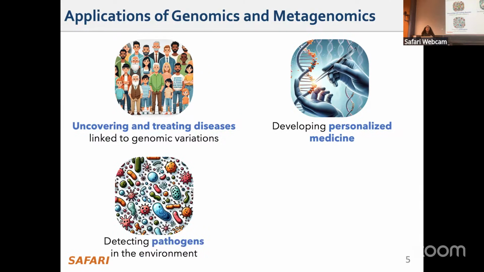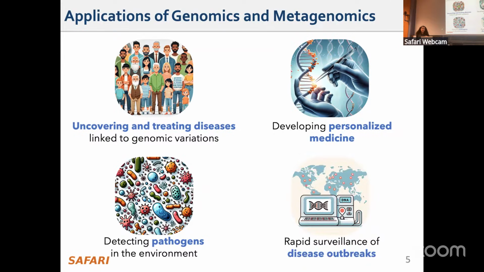So we have seen, unfortunately, what has happened in the previous pandemic, but if we are able to detect pathogens in a very fast way, in a proactive way constantly, then we can ensure that the next outbreak remains contained, or remains in a scale of, let's say, epidemic, as opposed to turning into a global pandemic. So these are some things that we cannot risk to repeat the history at that scale. And also, rapid surveillance of disease outbreaks.